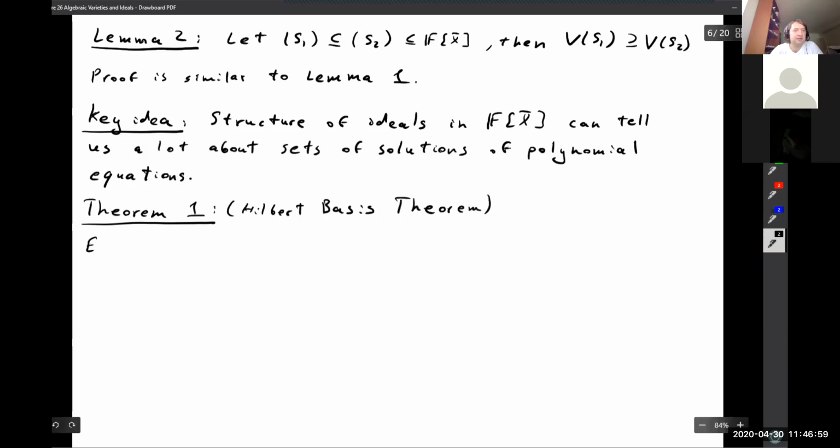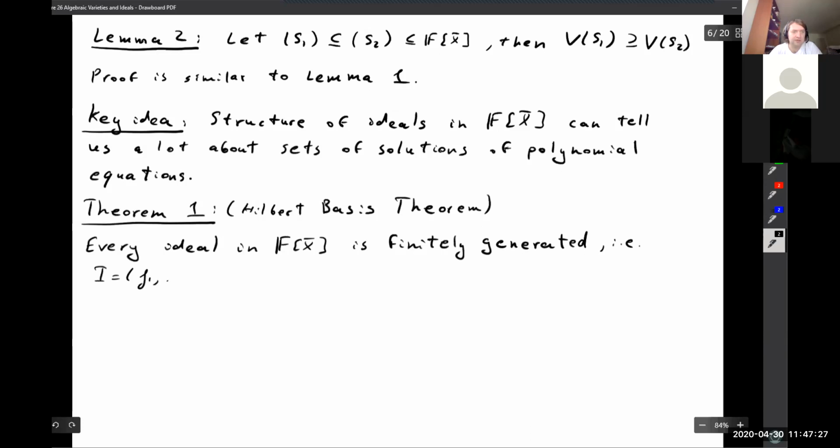It is formulated as follows: every ideal in the polynomial ring F[x] is finitely generated. In other words, this ideal is simply generated by polynomials, let's say f1 to fn, for some finite collection of polynomials.